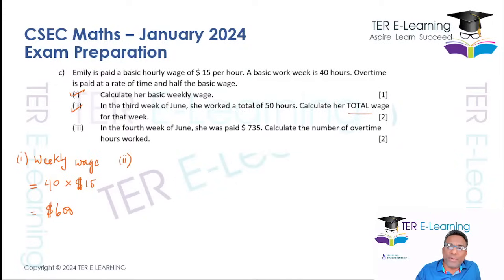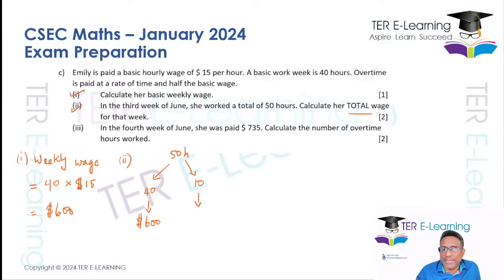If she works 50 hours for the week, we know that in a normal work week it's 40 hours, and we already worked out that she gets $600 for 40 hours. Therefore, we have 10 hours overtime, and we need to figure out how much money that corresponds to.